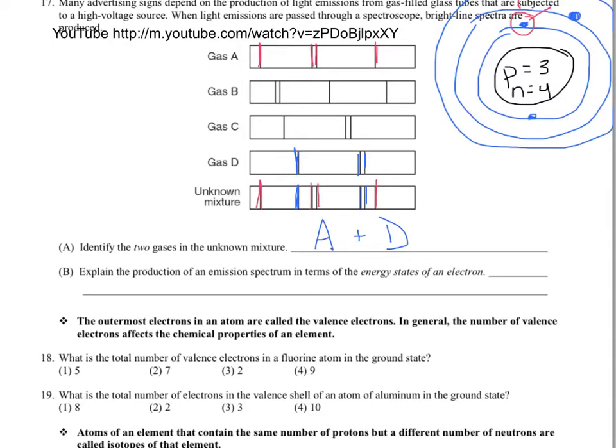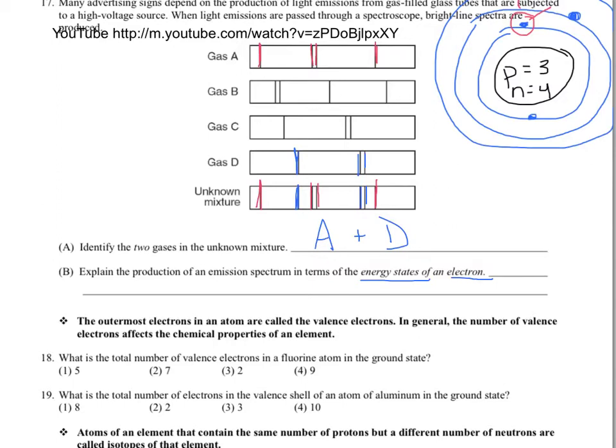Now the next question asks us to explain the production of an emission spectra in terms of energy states and electrons. So that means that we have to include the word electron and either the word or a definition of an energy state. So I'll use the definition of energy states, specifically the ground state and the excited state, to explain the production of an emission spectra.